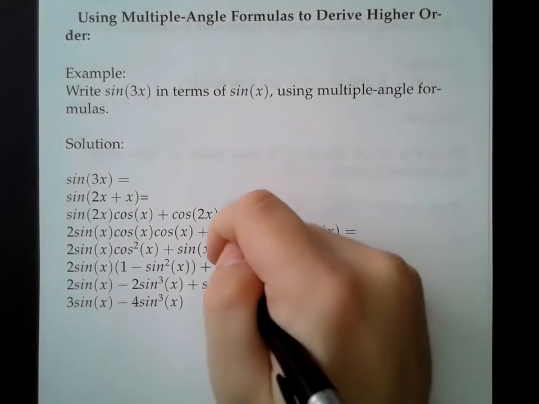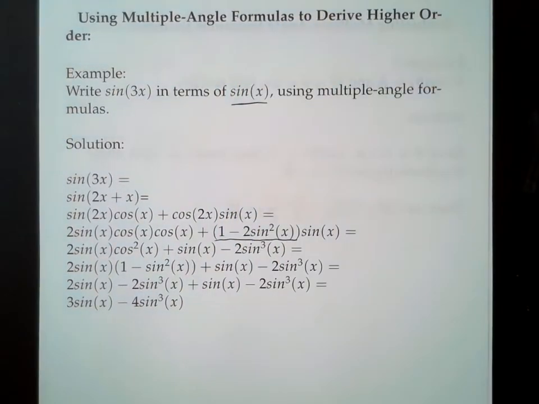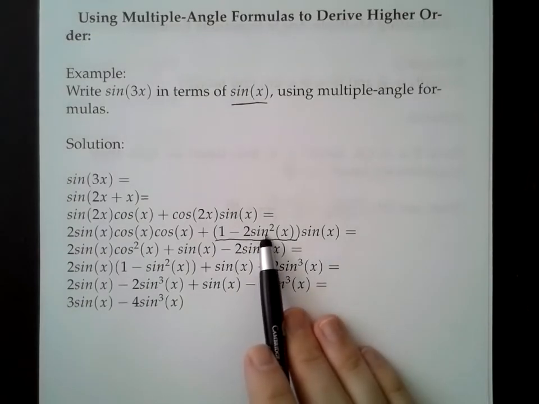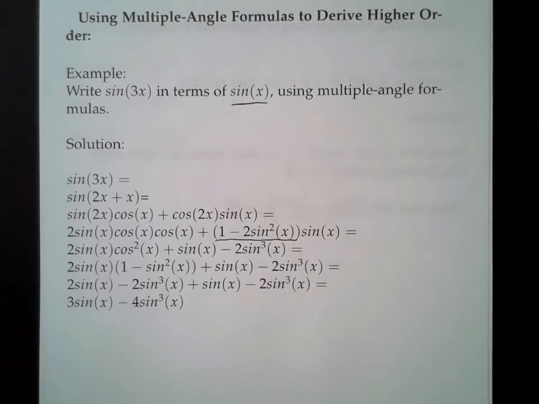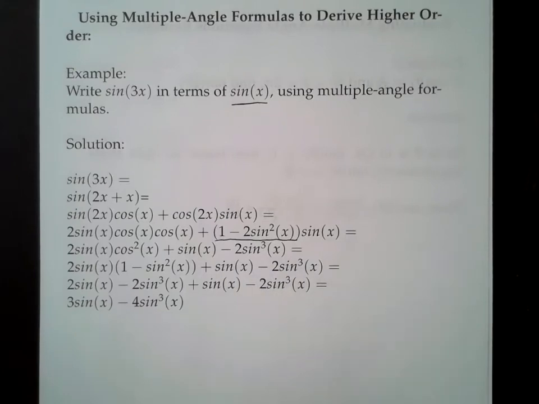Now, why I chose this specific one is I know that I'm trying to write everything eventually in terms of sine. So I want to make sure that I'm doing my double angle formula in terms of sine rather than in terms of cosine. So I'm going to go ahead and simplify some of this. I'm going to do some multiplication.